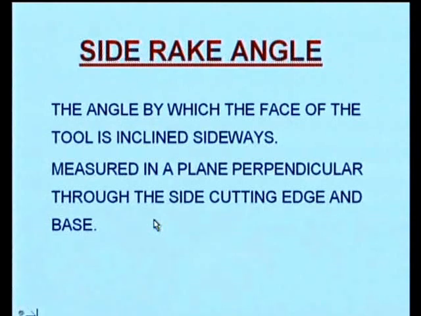You take a side cutting edge and perpendicular, and the base, and it is measured in that plane. How far the plane is deviating from the parallelity of the base is called the side rake angle. This side rake angle is visible, or measured, in the end view only.